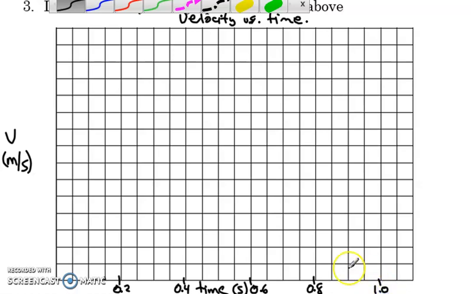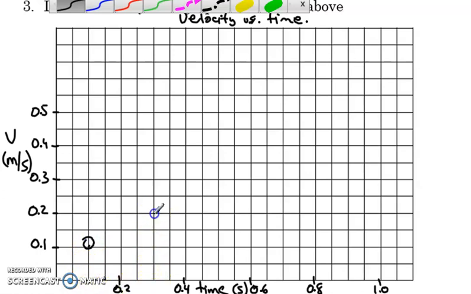So we got the 1.0, and as we put these data points in, call this 0.1, 0.2, 0.3, 0.4, 0.5. This is now the midpoint of that first interval, and it's right there.